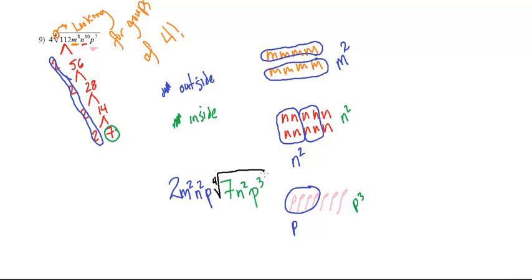Alright, now multiplying is the same type of situation. Multiplying is where we just put everything together under here. Oh, whoops, I forgot something. Forgot something again. There was already a 4 out front, right? So now I just have to multiply that. So I multiply those, and 4 times 2 is 8.